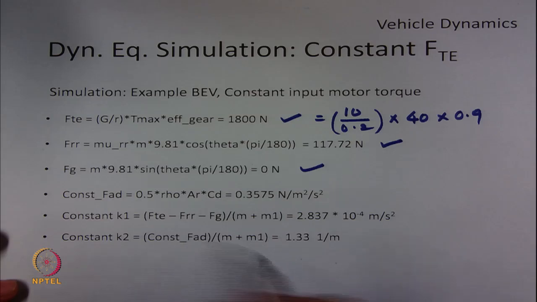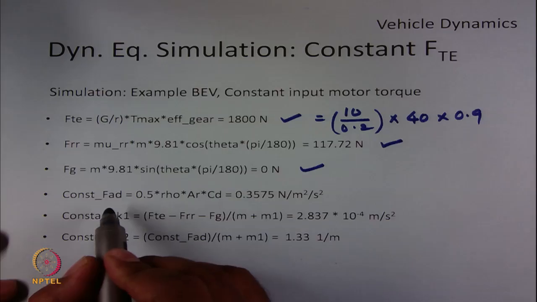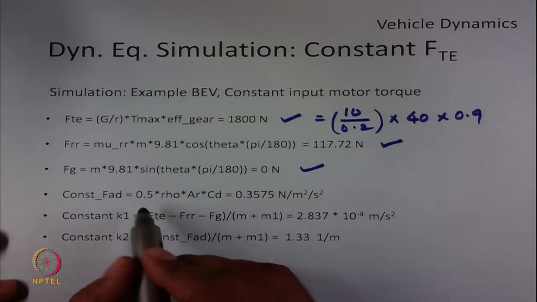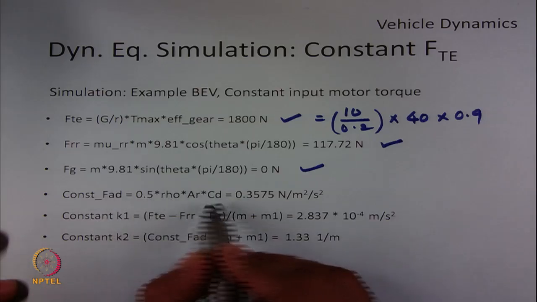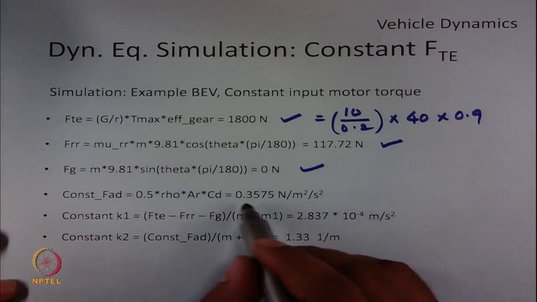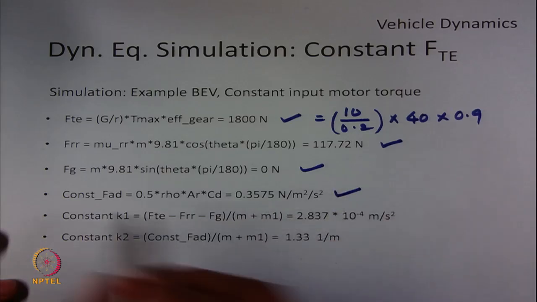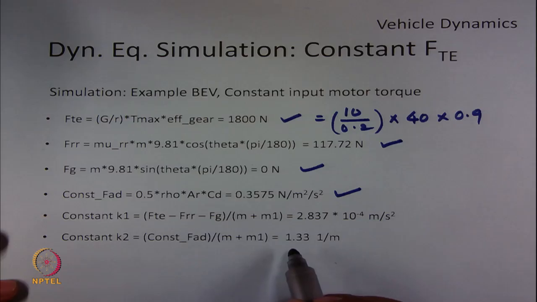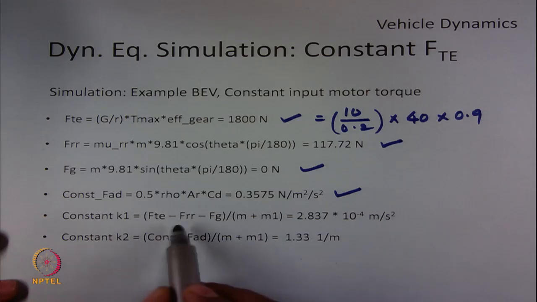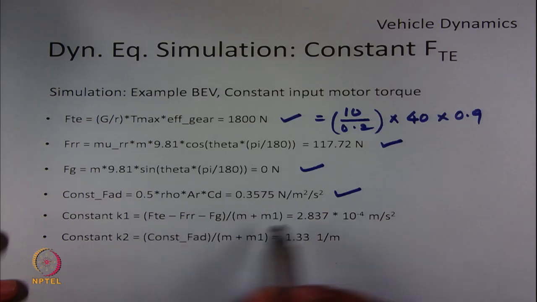Let us also calculate the constant term of the aerodynamic force, which is 1 by 2 rho A_R into C_D. So, this will be 0.3575. It will be used for calculation of K1 and K2. So, constant K1 is (F_TE minus F_RR minus F_G) by (m plus m1). So, m1 is 0.05 m.